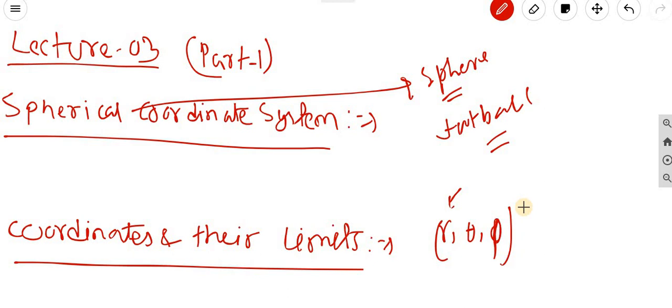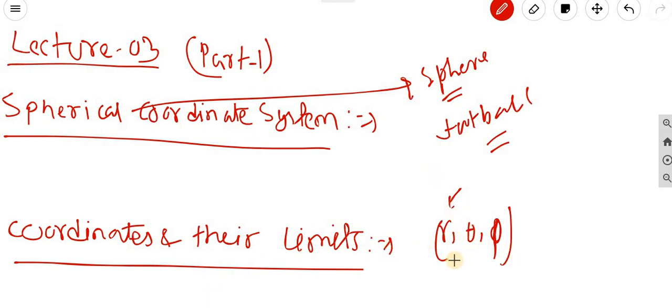Notation doesn't matter, but you have to define these coordinates in the same manner. The parameters may be different, but you have to define them in the same way.